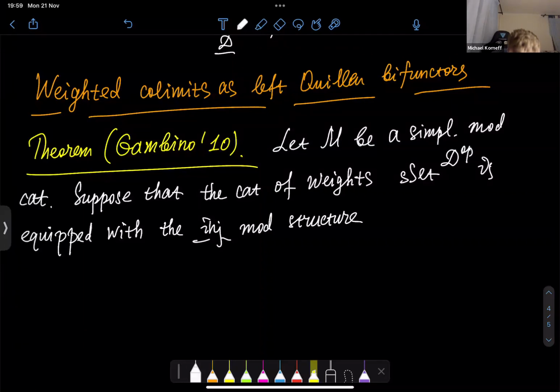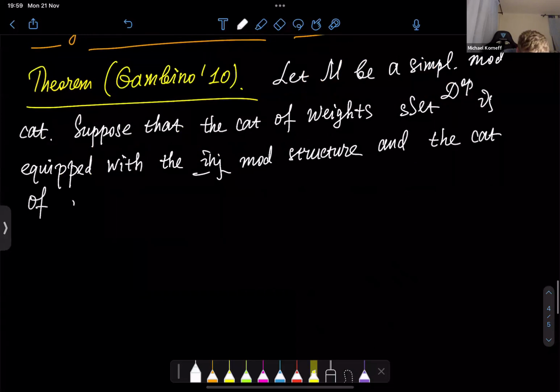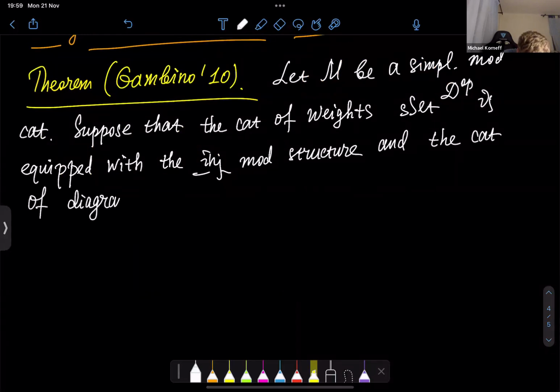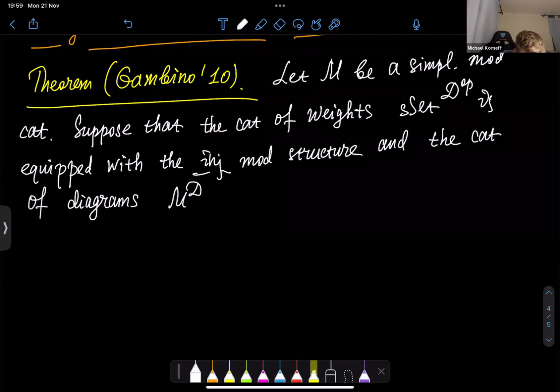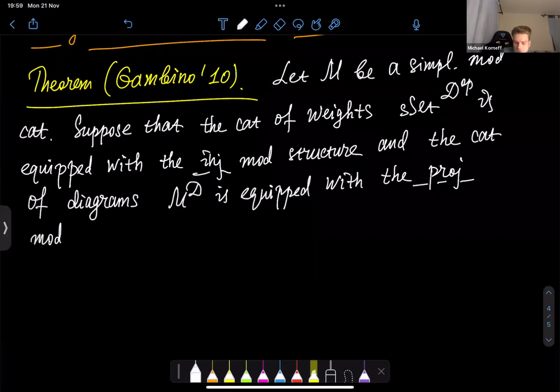Okay, and the category of diagrams is equipped with the projective model structure. It is a dual notion.